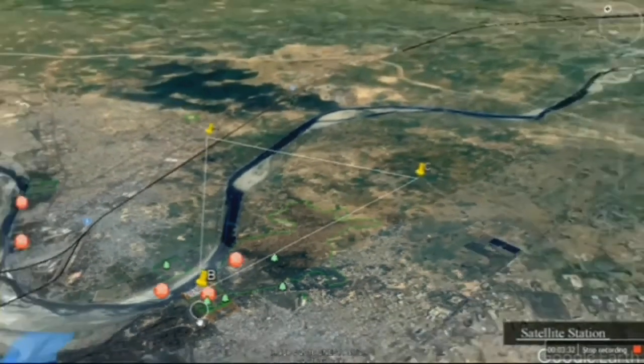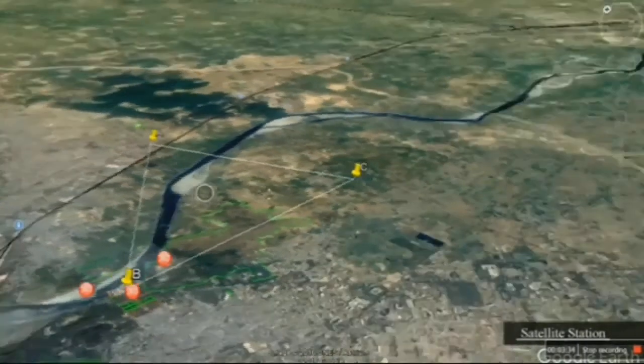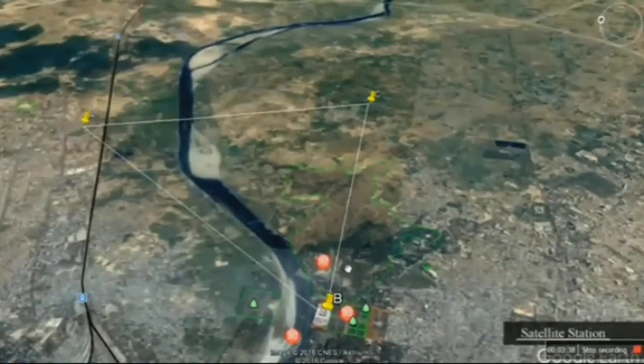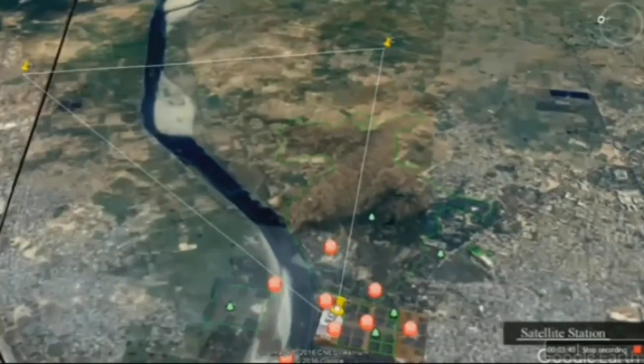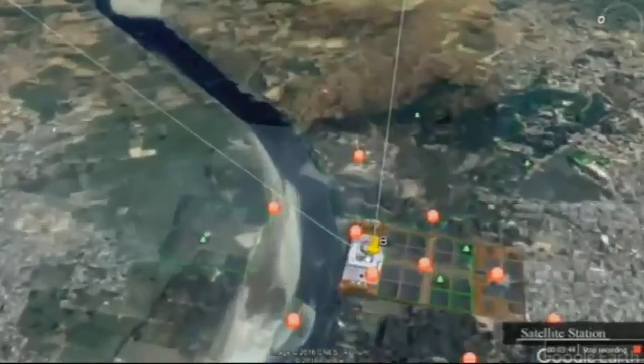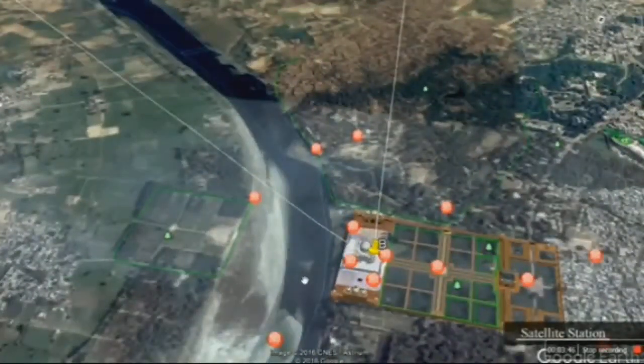In that condition, if you create the triangulation, it is not possible to measure the readings on station B, because it is not possible to set up your instrument on the Taj Mahal.